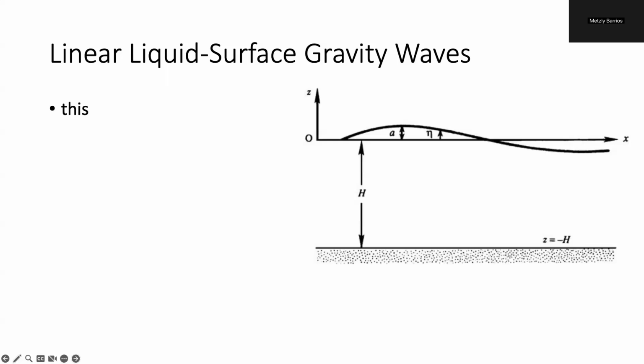Another way of writing that is del dot u equals 0. If it's incompressible, that's by definition 0.